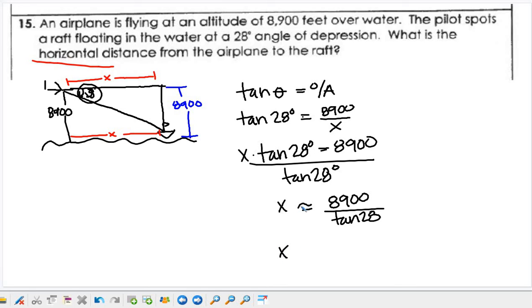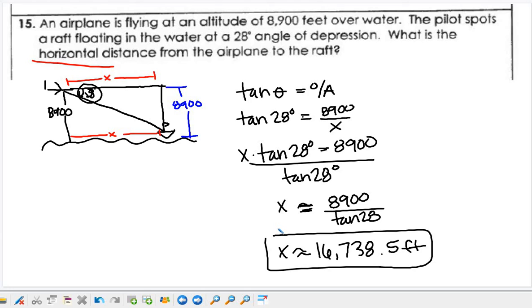So then that's equal to, this should be approximate. So again, we're not looking for an angle, so we're using regular tangent. So we get 16,738.5 feet. Okay.